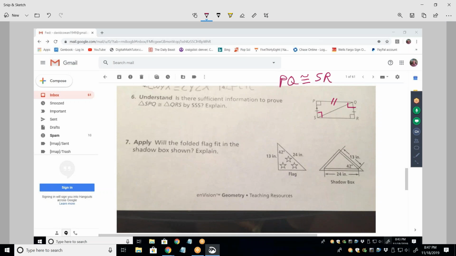Therefore, that's equal to that. Now we could prove those two triangles are congruent based on side, side, side, but I'm not sure that they want all of that. I honestly don't quite know why they want you to prove that they're congruent based on side, side, side. That's not the easiest way to prove it.